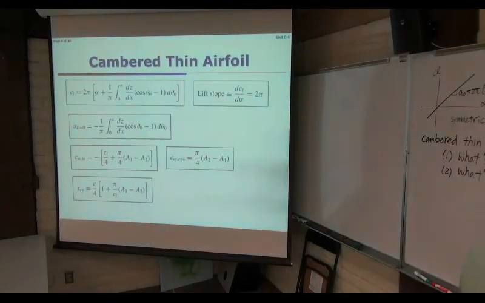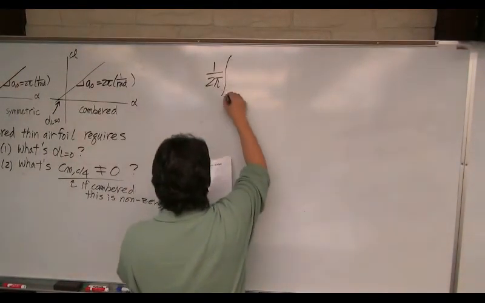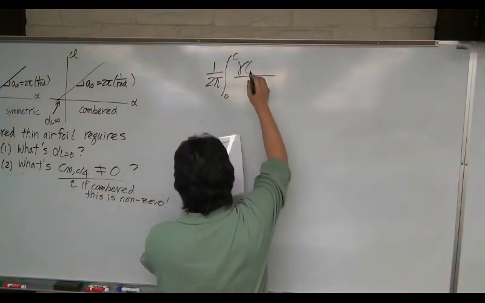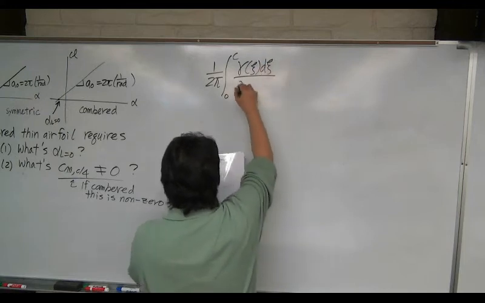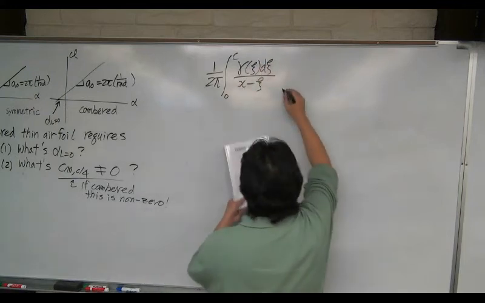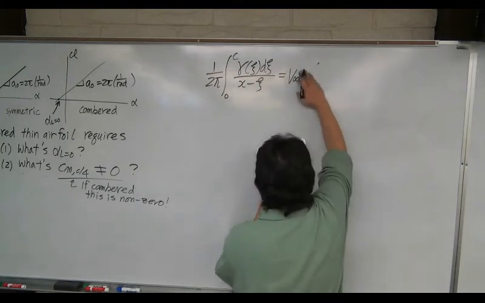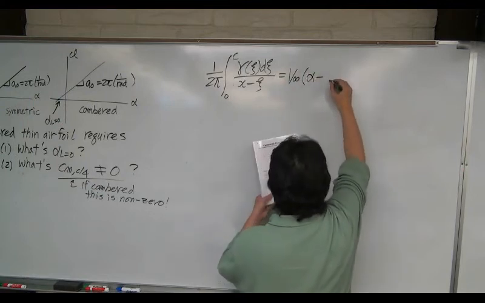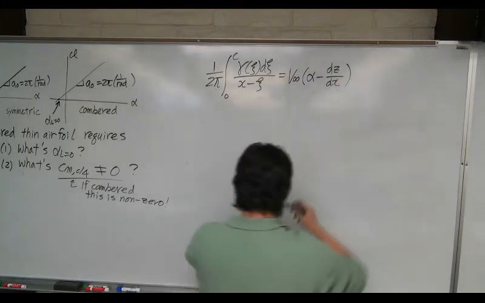Remember, this is the original thin airfoil equation: 1/2 pi integral from leading edge to trailing edge, gamma as a function of x_z multiplied by dx_z, over x minus x_z, is equal to V infinity alpha. That was symmetric. V infinity times alpha minus dz/dx. Now this dz/dx comes back in.